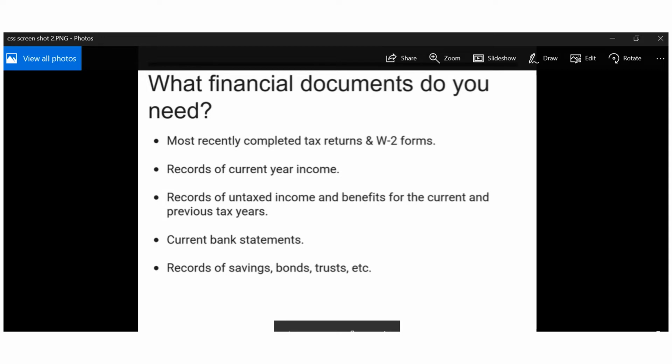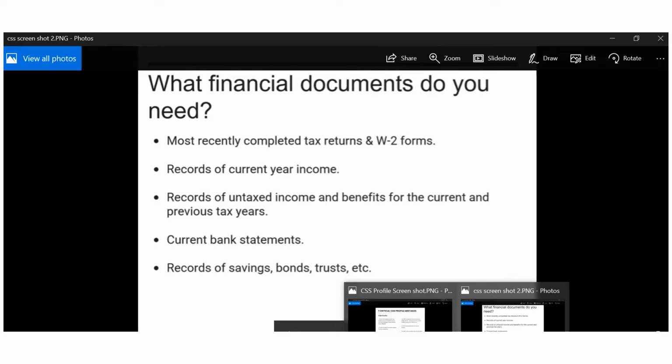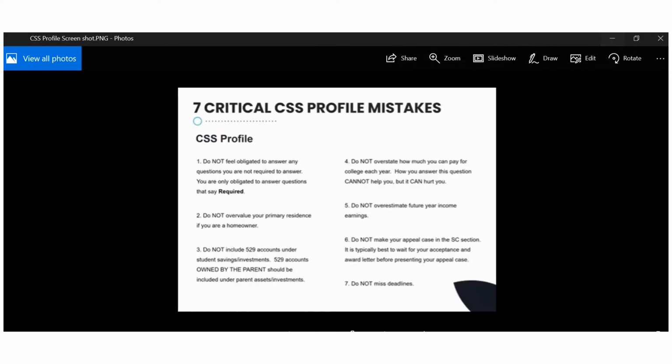I also want to, as we get started here, talk through some critical mistakes that people sometimes make on the CSS profile. There are a lot of questions on here that are not required, and you are not obligated to answer those. You are only obligated to answer questions that say required.